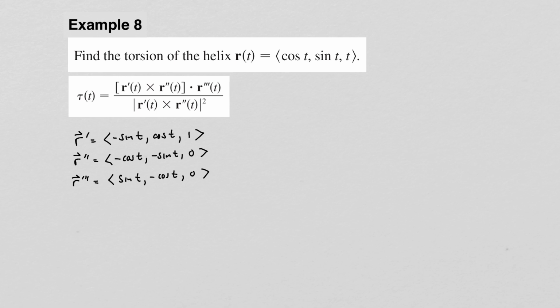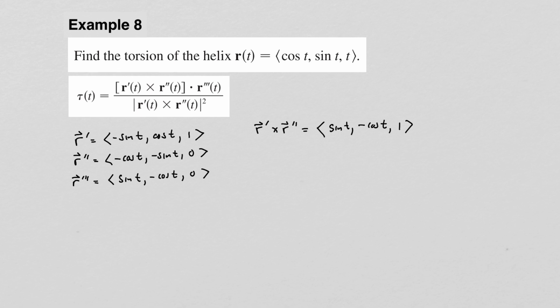Now what we need to do is take the cross product of r prime and r double prime. So r prime crossed with r double prime. We'll go ahead and do this off camera. And there it is. And now we are going to take that vector and dot product it with the r triple prime vector. So let's go ahead and compute that.